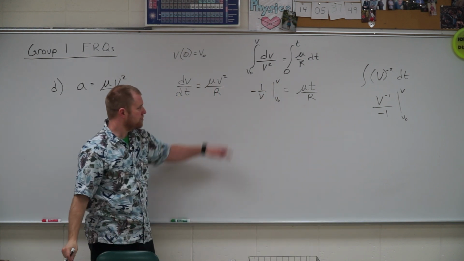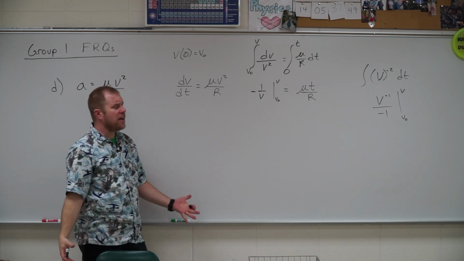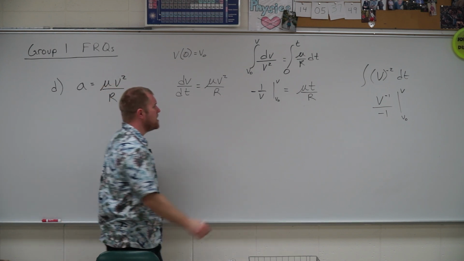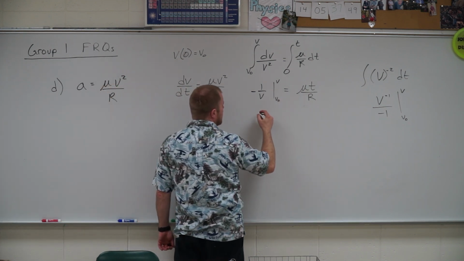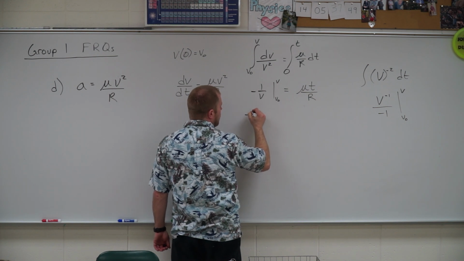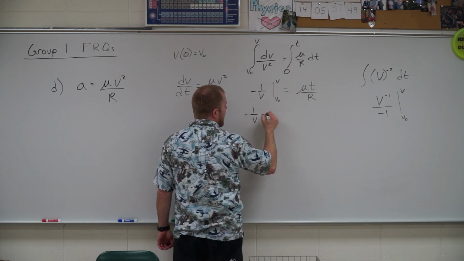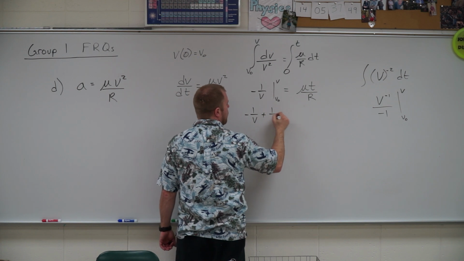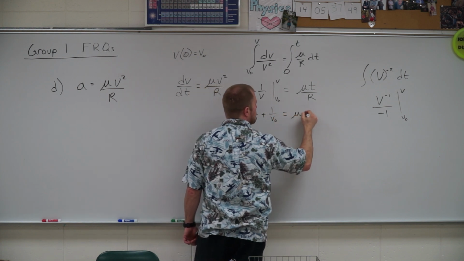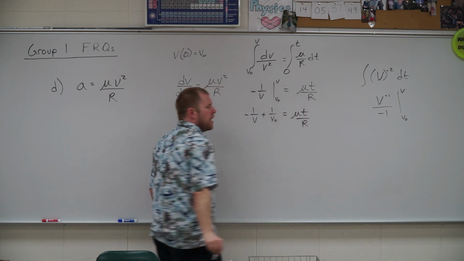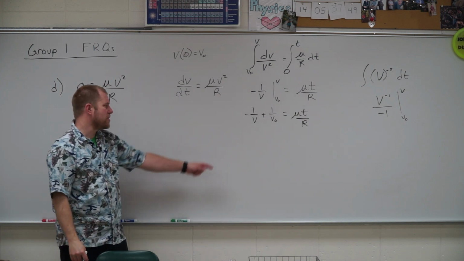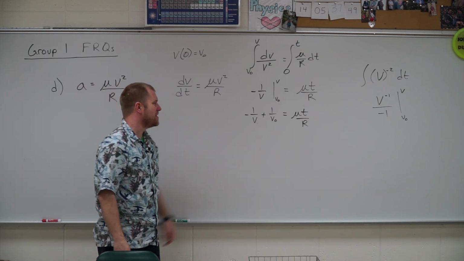All right, so let's go ahead and evaluate that and start solving for v. So here I'm going to put this in, and I have negative 1 over v minus a negative 1 over v naught equals mu t over r. And so the last step I need to do here is I just need to isolate this v.